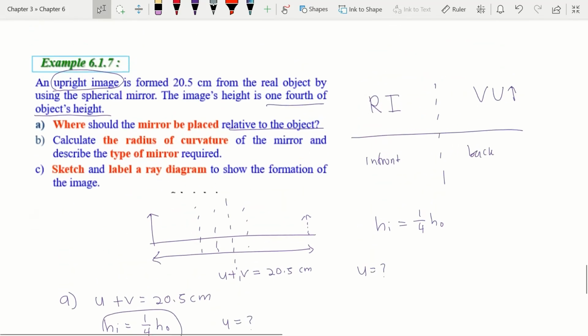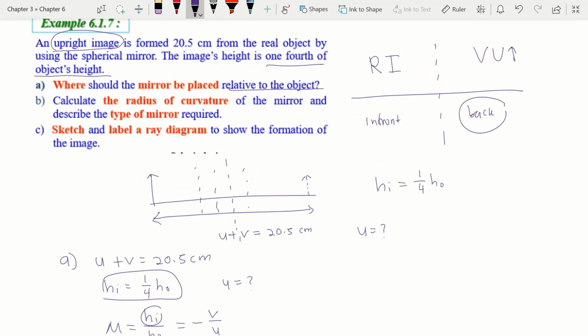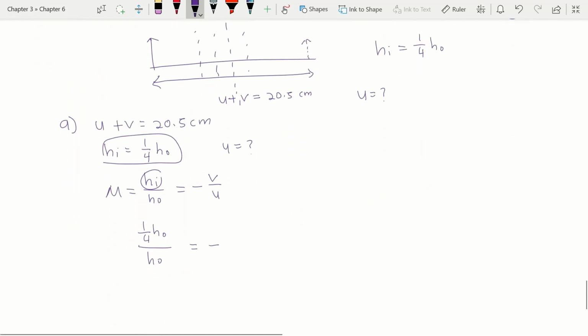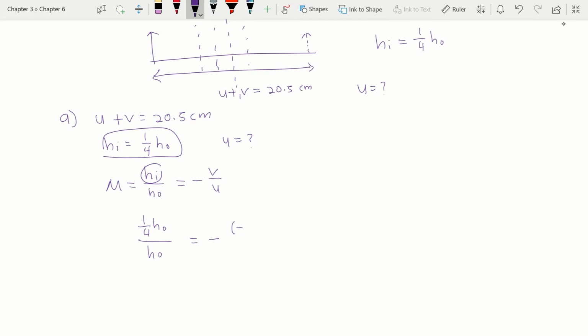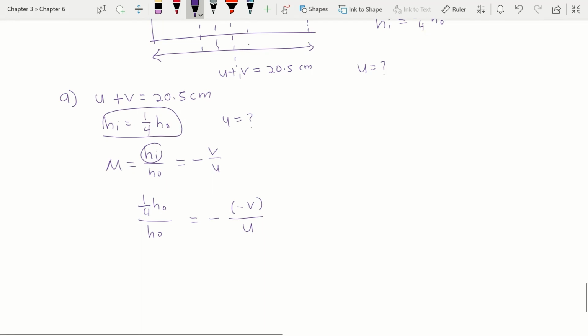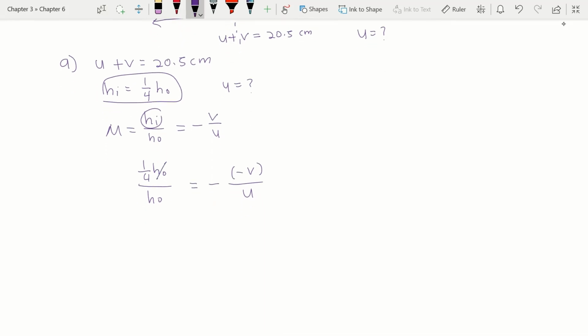Because it's upright, the image is at the back of the mirror, so the image distance is negative. We need to substitute the negative first: negative v over u. So we can cancel the object height. We are left with 1 over 4 equals v over u, and v equals 0.25u, as we know 1 over 4 is 0.25.